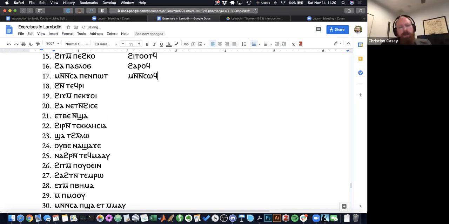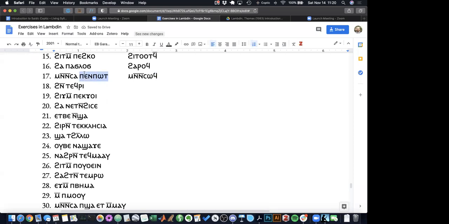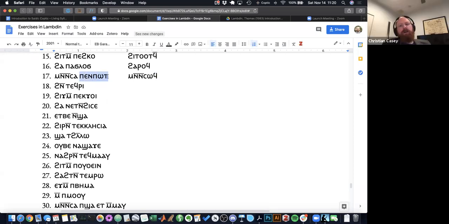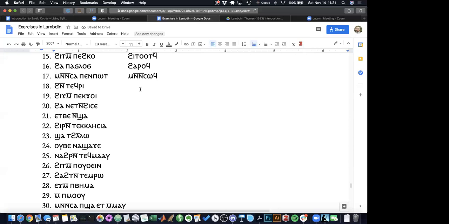I would say minin sof, where the F actually refers to this whole thing. So penpot, our run, is a third masculine singular thing, right? And so we're saying after it, like all of that, penpot, the whole thing. Menen son also makes sense. Like this is a real Coptic word, but it just means after us. That's not exactly what we're trying to say here. Does that make sense? Yes.